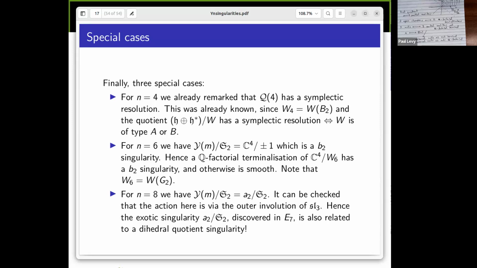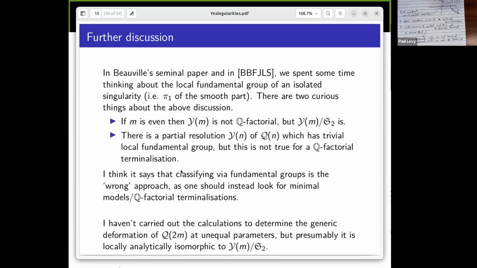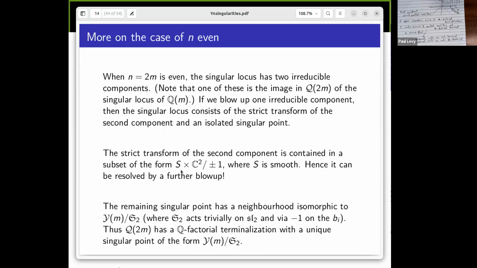Yeah. The action of this S2, as I wrote down, acts trivially on SL2 and is -1 on the V. So you can just look at it. That's clearly an automorphism of the abstract coordinate ring.